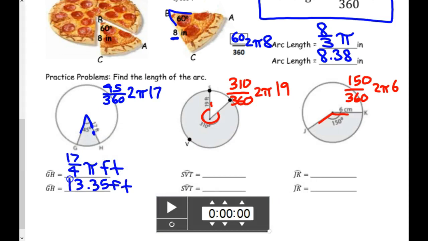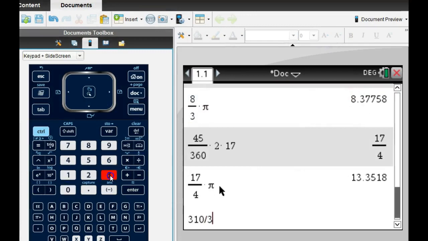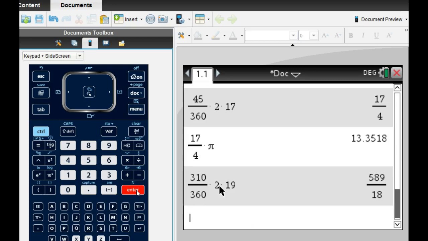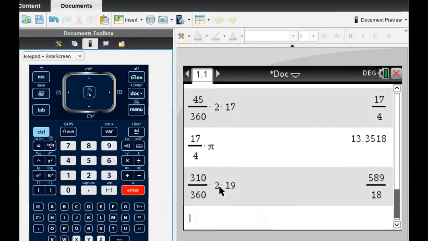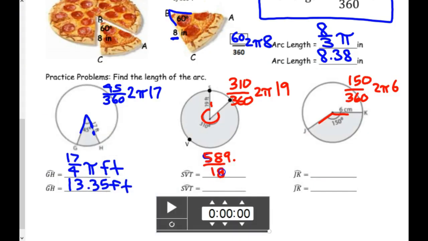Regular feet. Okay? On the next one, 310 over 360, 2 and 19. 589 over 18. That's ugly. 589 over, is it 19? 18, sorry. And then put a pi, and then feet. And then to get the decimal, we're just going to take that times pi.